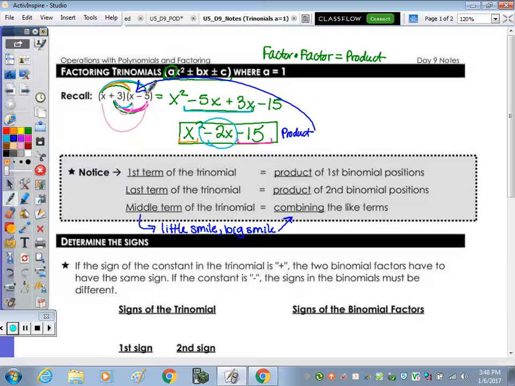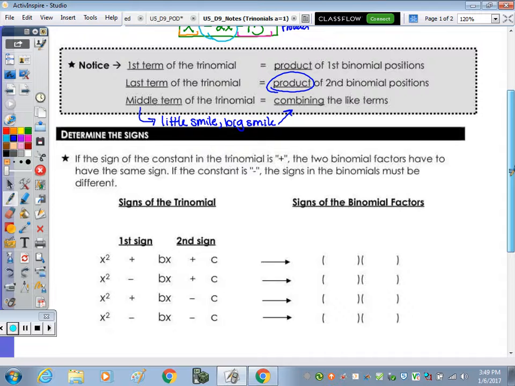So the 15, again, was the product of the 3 and the 5. The middle term, when you actually combine a positive 3 and negative 5, you get the negative 2. So that's the relationship. Down below, it says determine the signs.